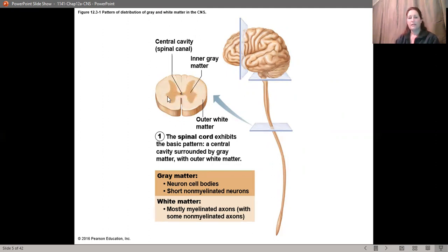These cell bodies are going to send axons through what are called ascending tracts. So tracts of axons, bundles of axons, are going to go from the spinal cord up into the brain. So these are ascending tracts.